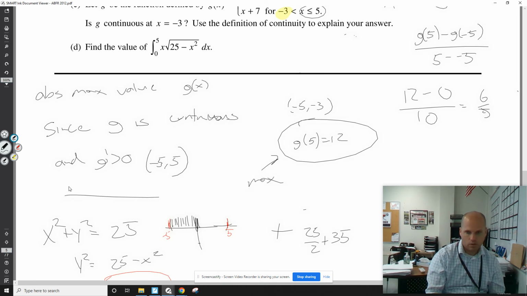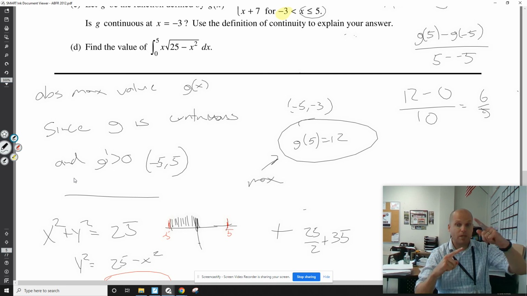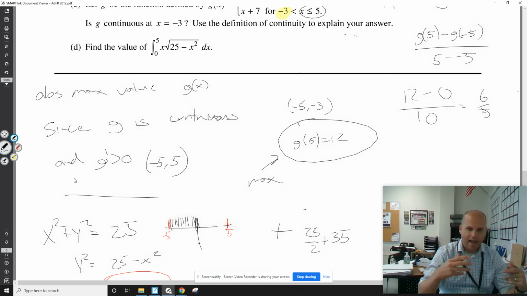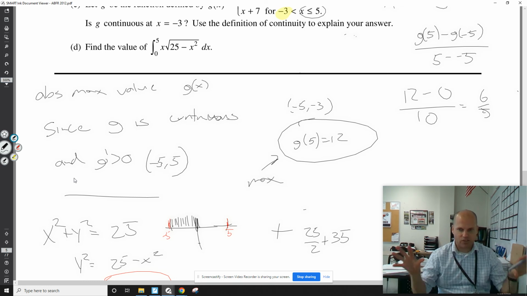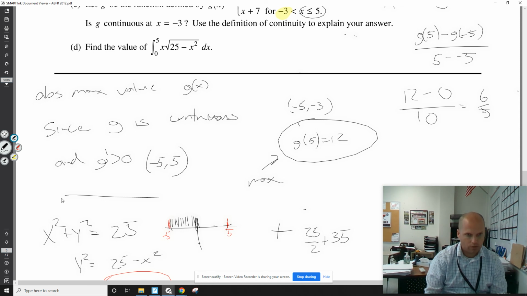If you know that there's no jumps, and that's what I'm worrying about, on your piecewise function you're going to get, there might be a jump. If there's a jump, you got to check your endpoints at your jumps and check your signs of your two things. Compare them all. Pretty brutal. This one's not the case. I don't have to check the endpoints because I already know that it's continuous.